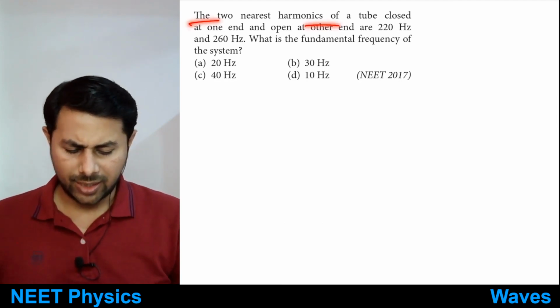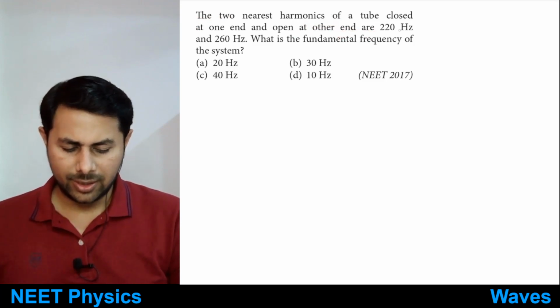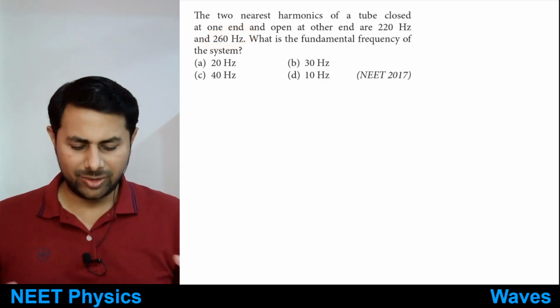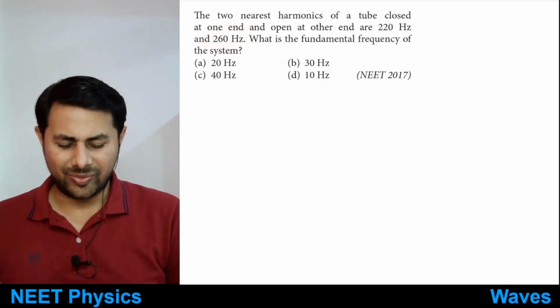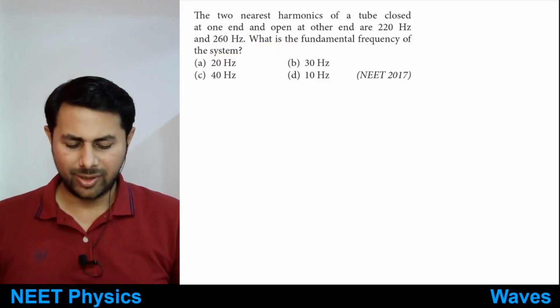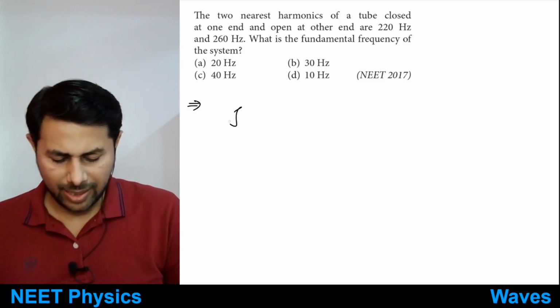The two nearest harmonics of a tube closed at one end and open at the other are 220 Hz and 260 Hz. So we have seen this in the case of a resonance tube experiment, right? Let's read the question first. What is the fundamental frequency of this system? So let's find out the fundamental frequency.